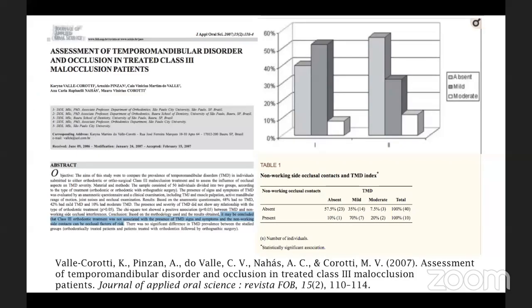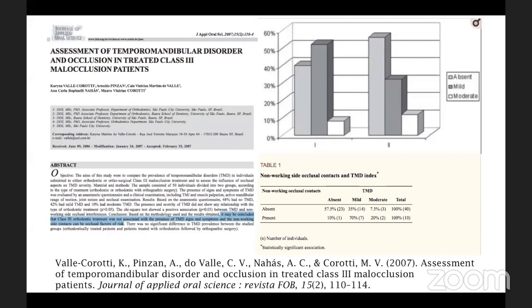Now, there are many studies which have been done, and one of the very good studies has been published in the Journal of Applied Oral Sciences. It concludes that a class 3 is absolutely not related and does not cause any kind of TMD on its own. But at the same time, you can see the table over here, which says that there are relationships between occlusal contacts and TMD.